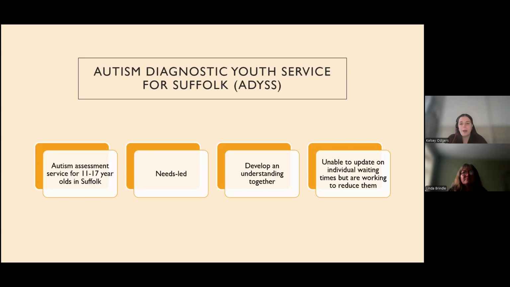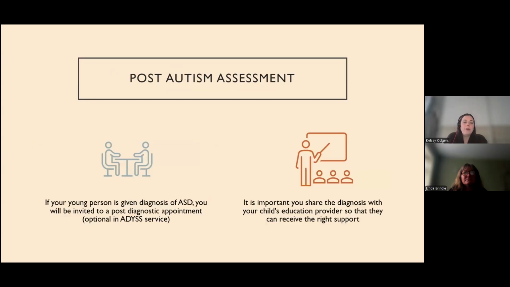You see there is a real breadth of things that they will think about and explore as part of that assessment process. And then post autism assessment, if your young person is given a diagnosis of autism, you'll be invited to a post diagnostic appointment within the ADIS service, which is optional.